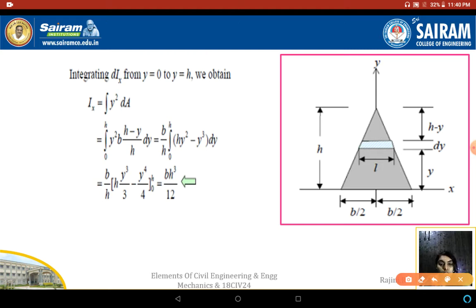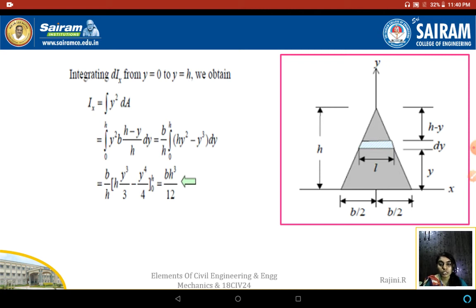Here you can see this is the 0 portion and the height is h, so the limits are 0 to h. I substitute the dA value which we got in the last answer, that is y square into b into h minus y divided by h into dy.